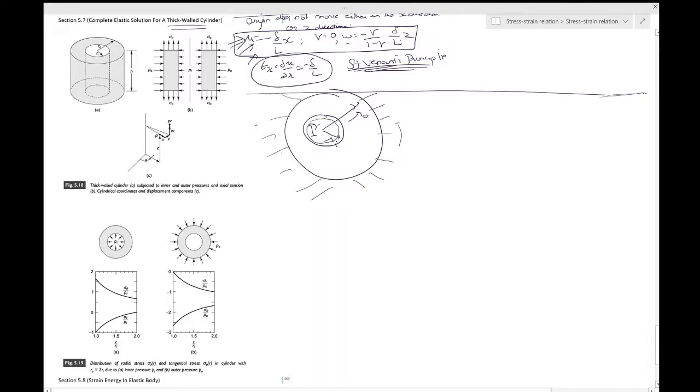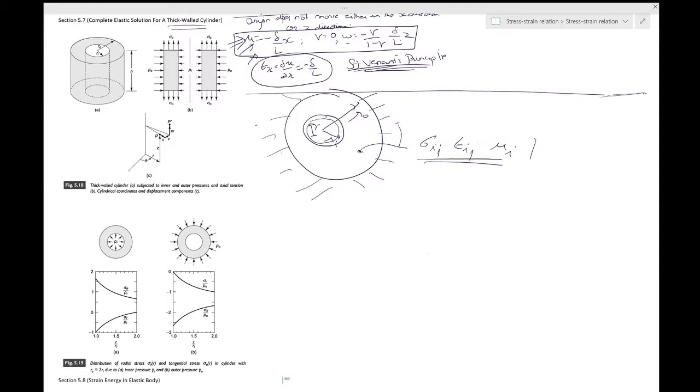You want to find the stress, strain and displacement at any point of this solid, using the theory of elasticity. So the stress, strain and the displacements must satisfy equations 5.6, 5.7 and 5.8. So that's this thick-walled cylinder problem.